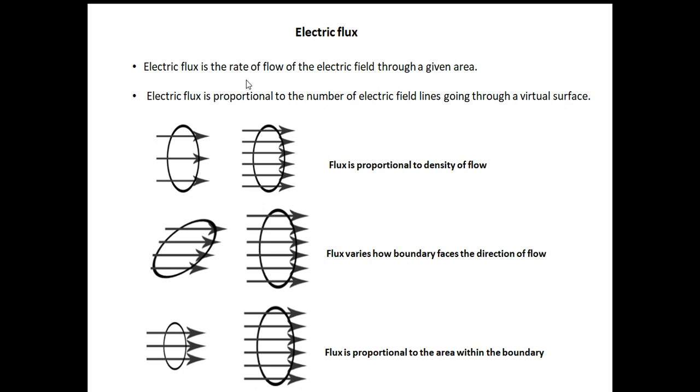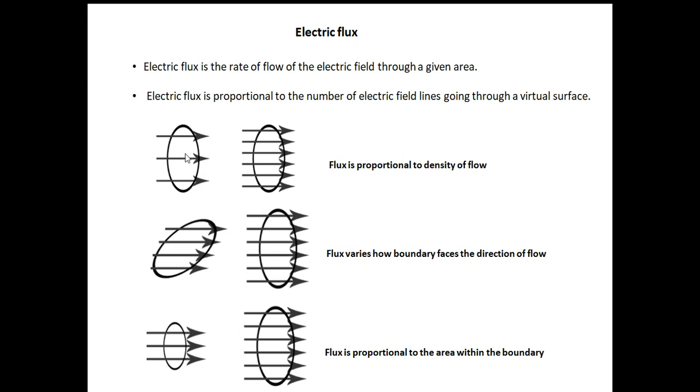Electric flux is the rate of flow of the electric field through a given area. Electric flux is proportional to the number of electric field lines going through a virtual surface. Now, these are my field lines, and I have imagined a circular surface. I'm going to discuss certain cases, and these are extremely important, so pay attention.